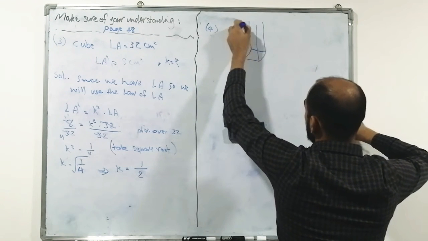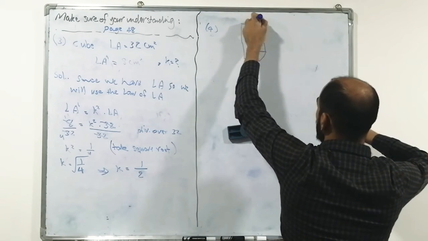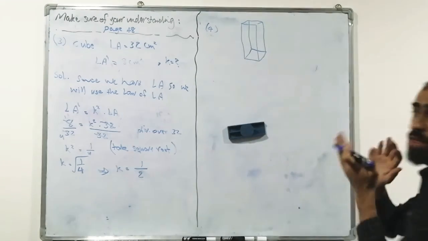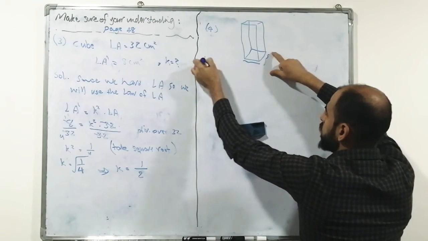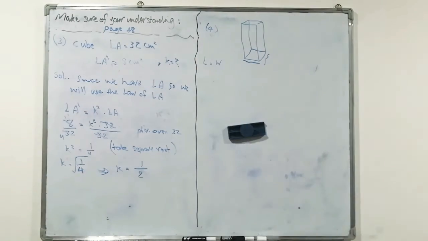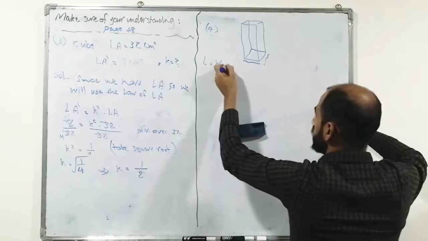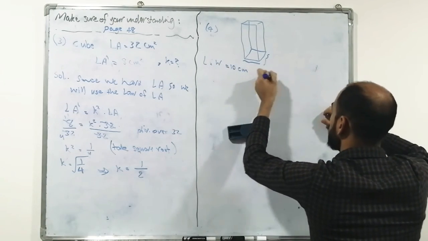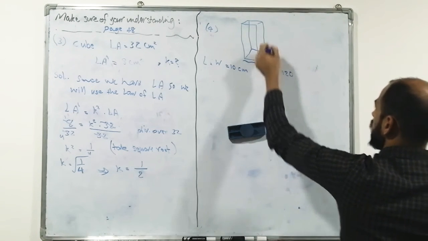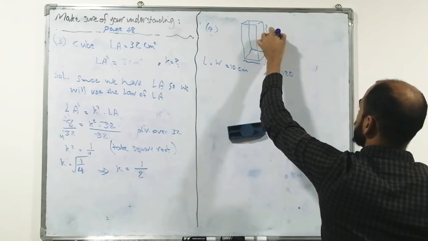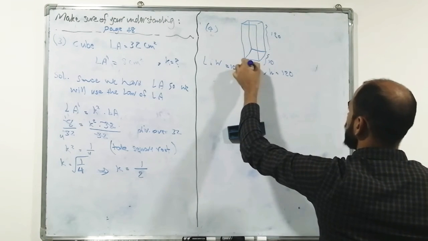And since it's a square base, the length equal the width. بما أن القاعدة تكون مربع فإن الطول يساوي العرض. Its edge length equal 10 centimeter, and its height equal 120. The height is 120, and this is 10, and this is 10.